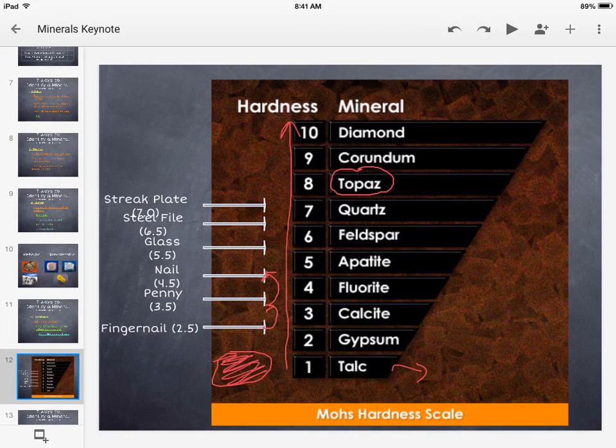Now let's say that it can scratch a nail, but it can't scratch glass. Well, I know that it's above 4.5, and I know it's below 5.5, so it's probably a hardness of 5. And you can do that for any unknown mineral. Now, it doesn't necessarily mean it's apatite, but it's a mineral that has roughly a hardness of 5.